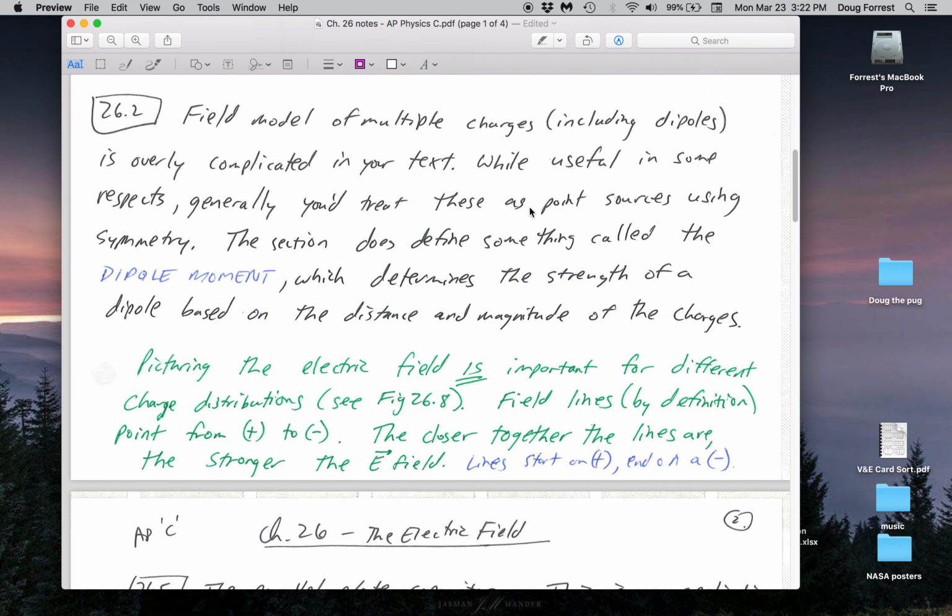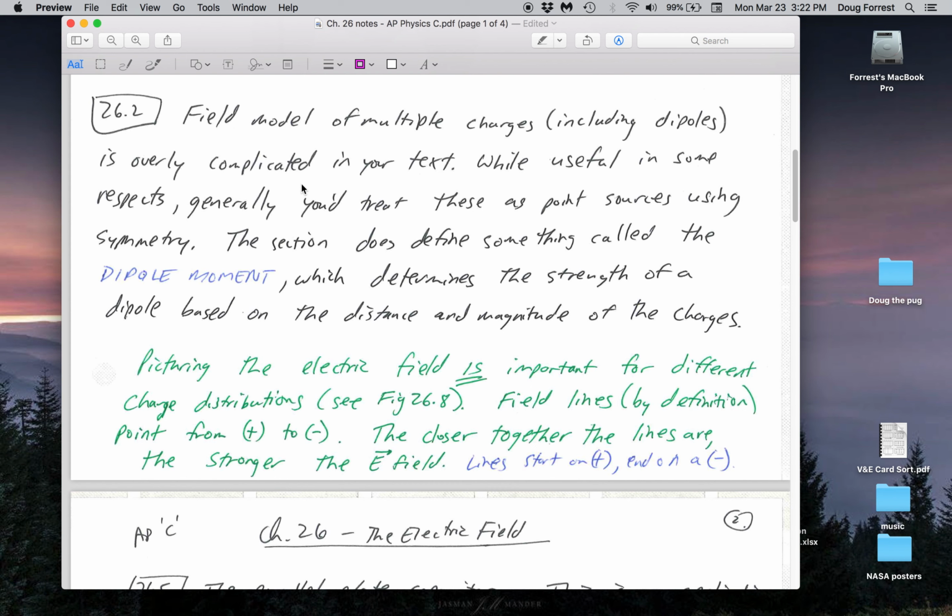Section 27.2 is a field model of multiple charges, including dipoles. Your author for this textbook really likes dipoles, and he talks about it again, I think, toward the end in section 26.6, 26.7, somewhere like that, and I'll look that up in just a minute here.